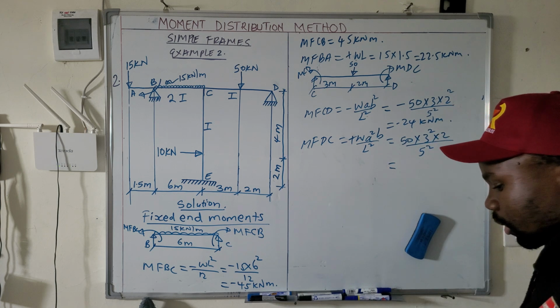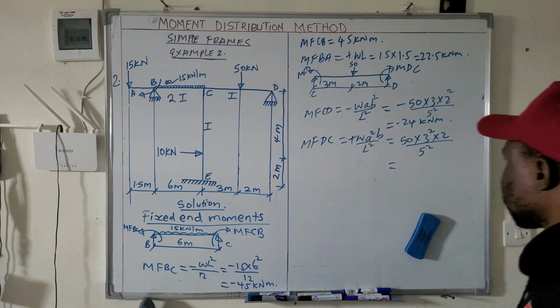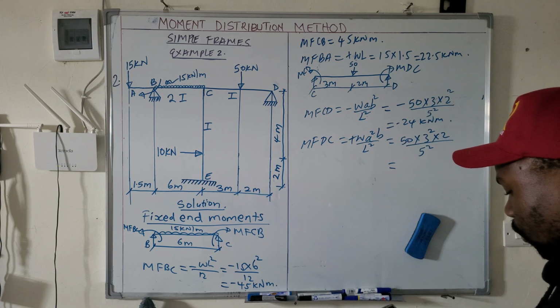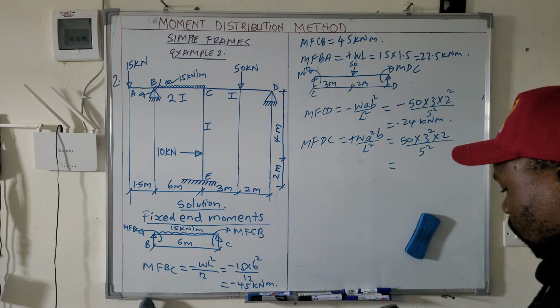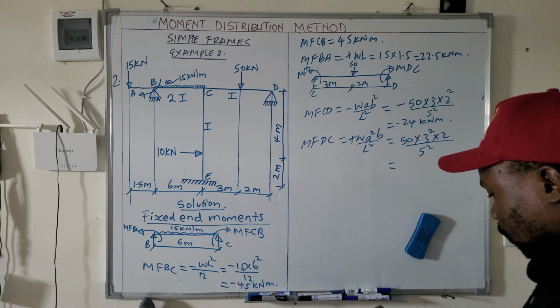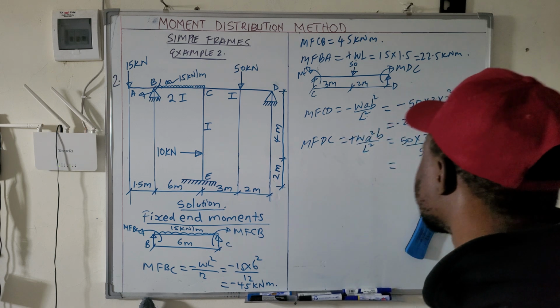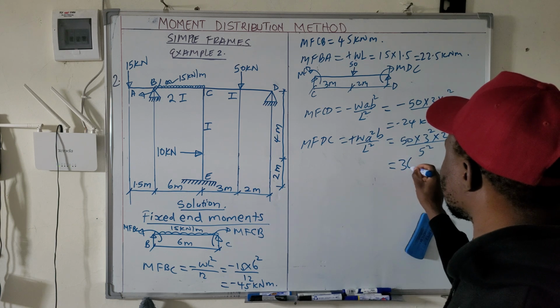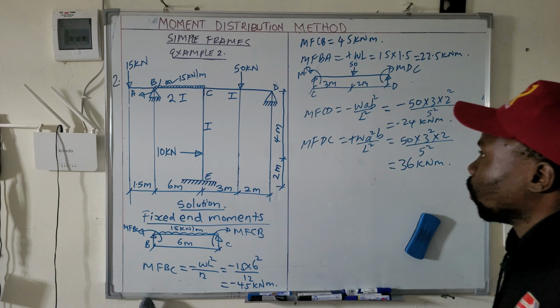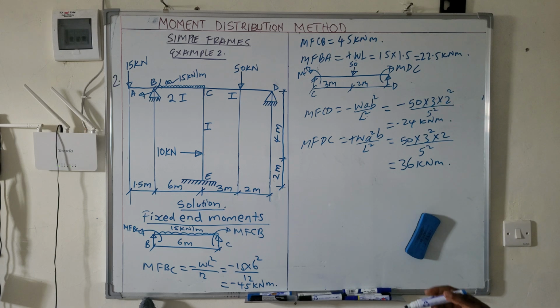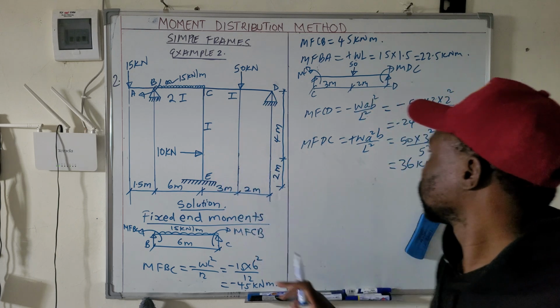Find your calculator again: 50 times 3 square times 2 over 5 square. So that is 36 kilonewton meter.